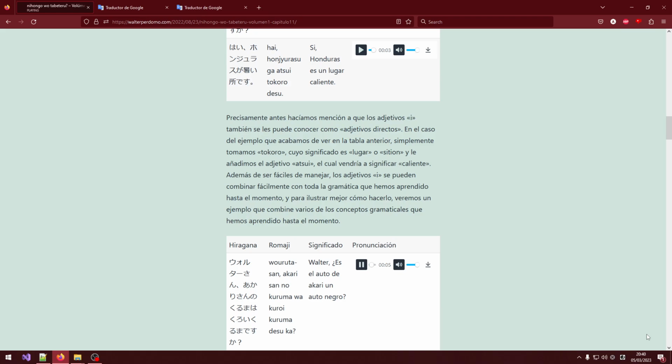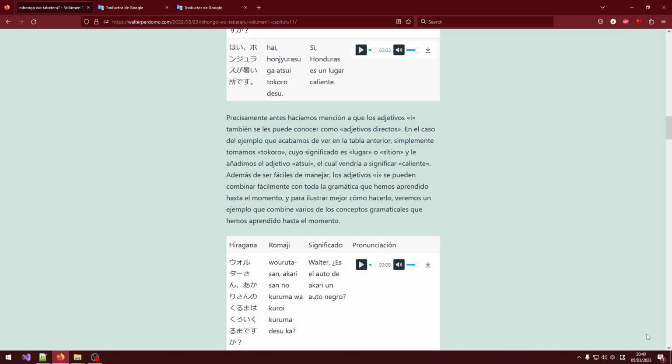ウォルターさん、あかりさんの車は黒い車ですか？ So let's take a look at this sentence. あかりさんの車は. What is あかりさんの車? あかりさんの is like a possession of あかりさん.